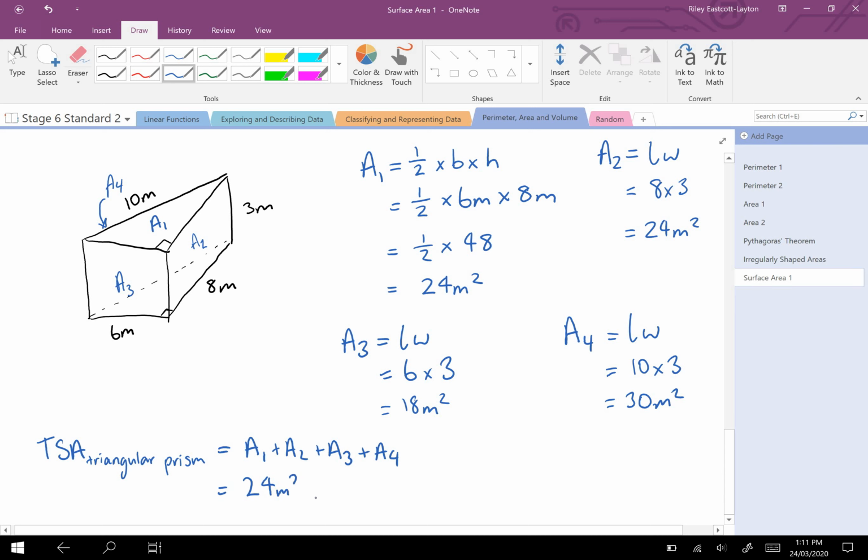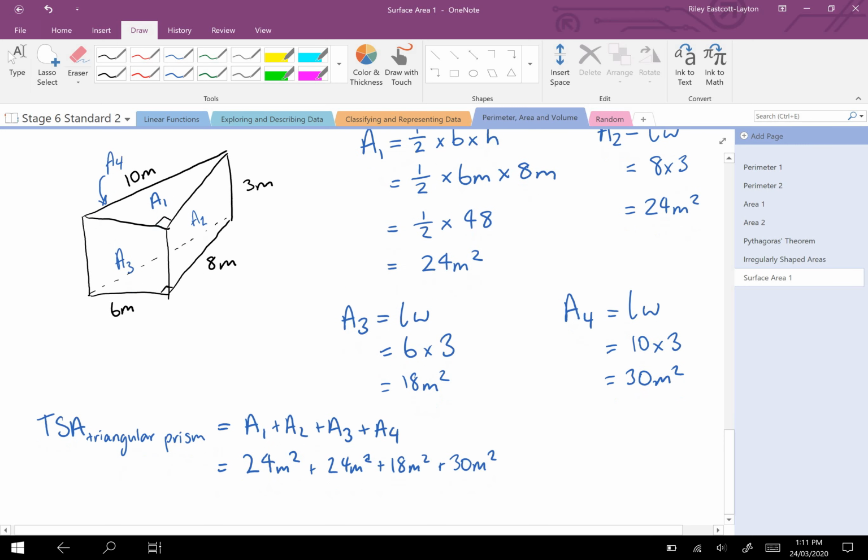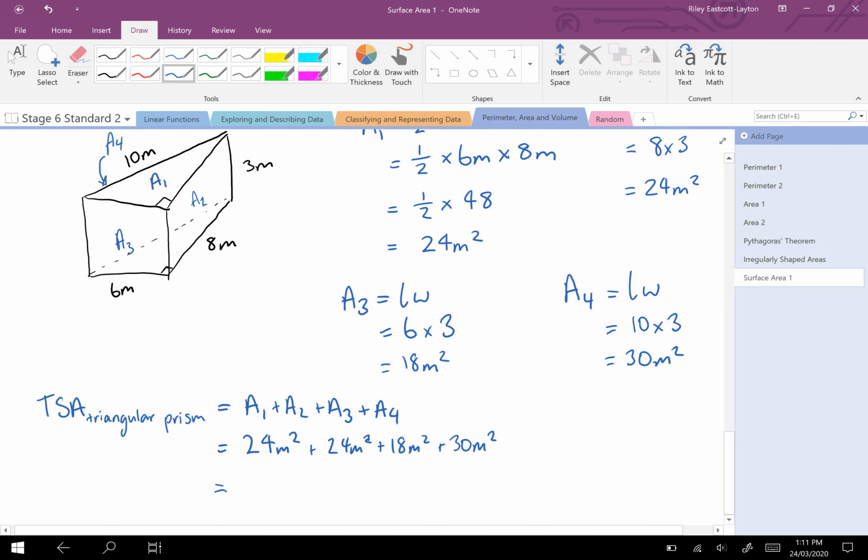So we've got 24 meters squared, another 24 meters squared, 18 meters squared, and we've also got 30 meters squared. So we add all them up, we get 48, 66, 96 meters squared.